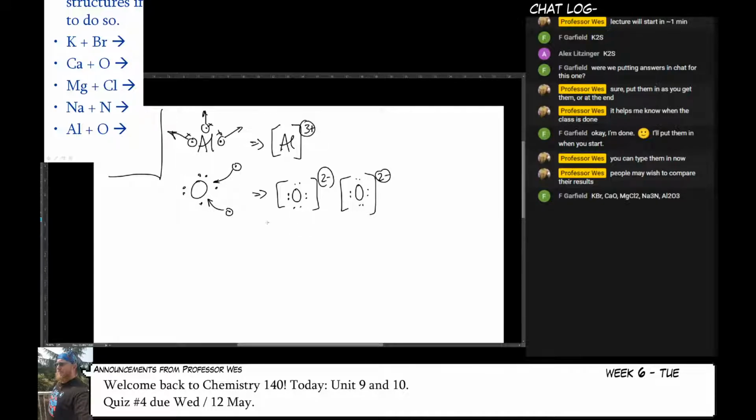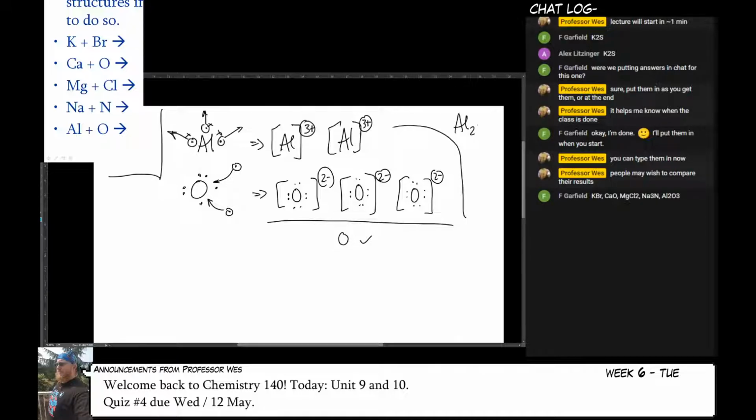Now I still have too many charges, but I have too many negative this time. And so you just sort of do this back and forth game until you have an even number of each one. So now I have 6 positive and 6 negative. My total charge is 0. And then my formula would be Al2O3.